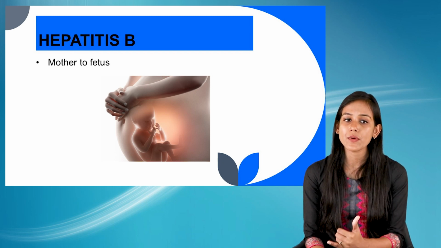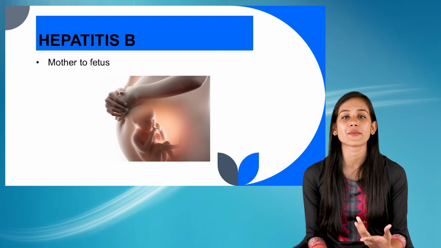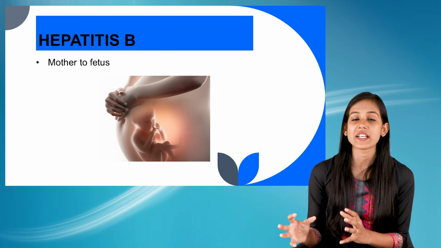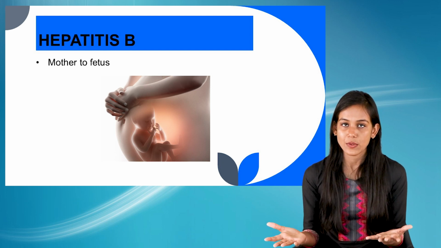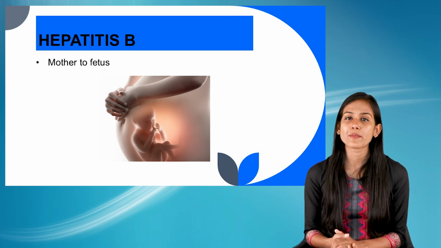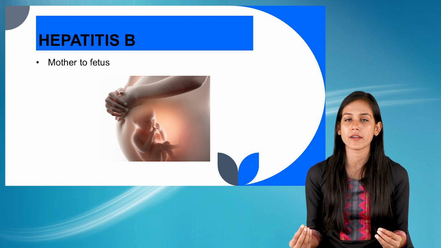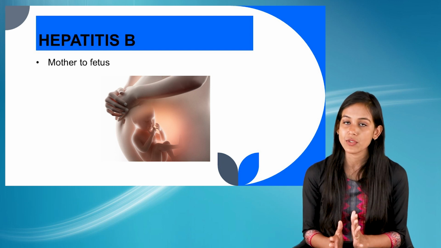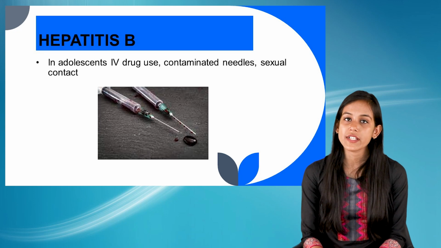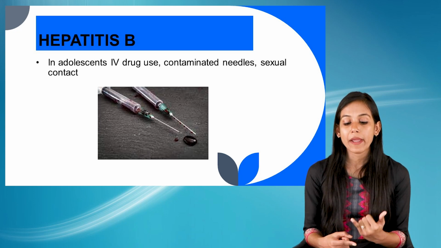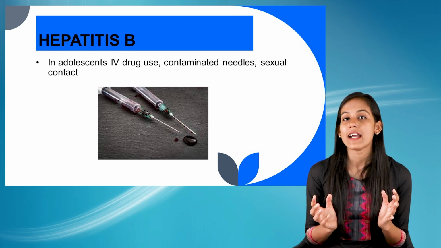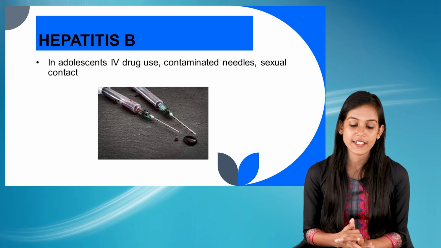Now there is one more thing, whether through breastfeeding it can transfer to the child or not. Breastfeeding does not appear to increase the risk of transmission. Next, we also said that it is transmitted through sexual intercourse, so male homosexuals are at high risk for getting this infection.